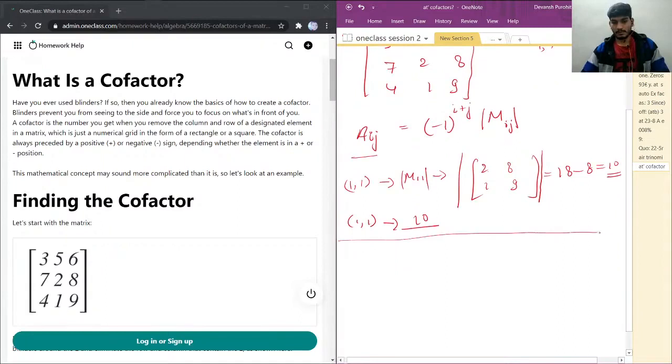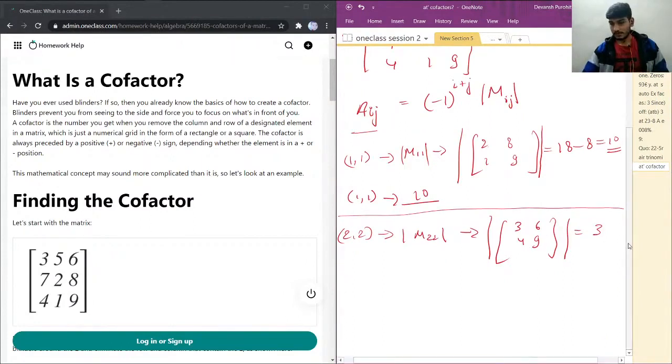Now after taking the determinant, this will be 3 nines are 27, 4 sixes are 24. This will be 27 minus 24, 3.